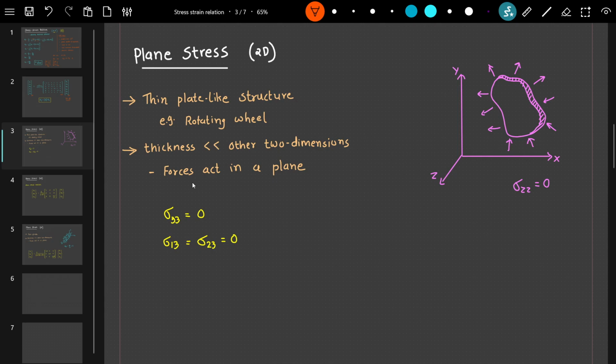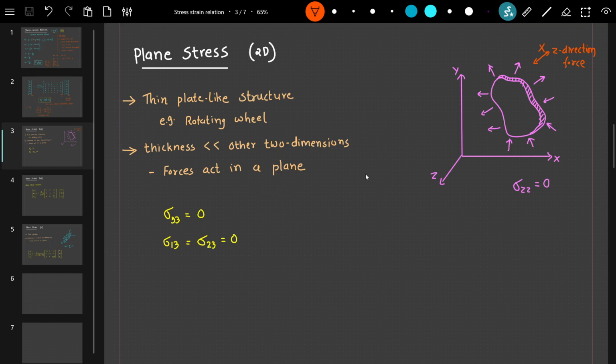Okay, and another condition is that for this kind of structures, forces act in a plane. Okay, so there is no force in z direction. It doesn't act any z direction force. So only in plane forces are existing.